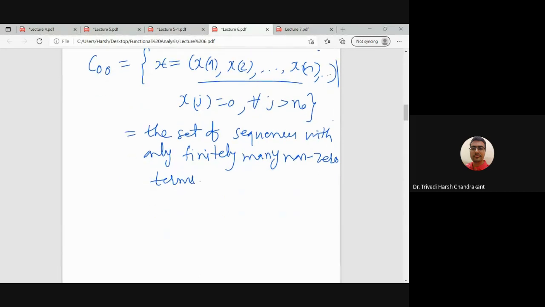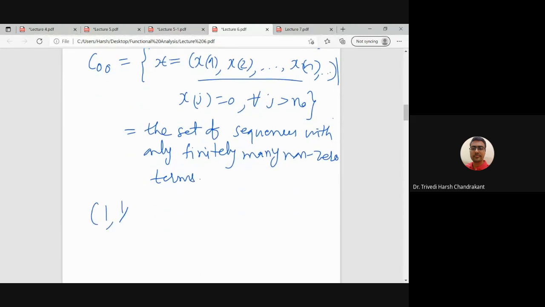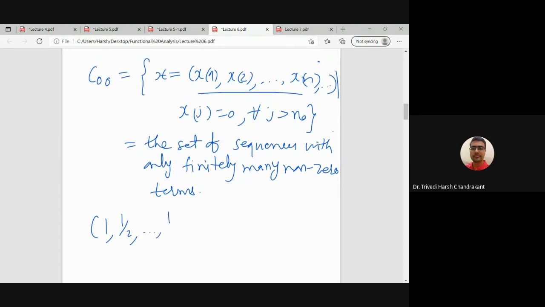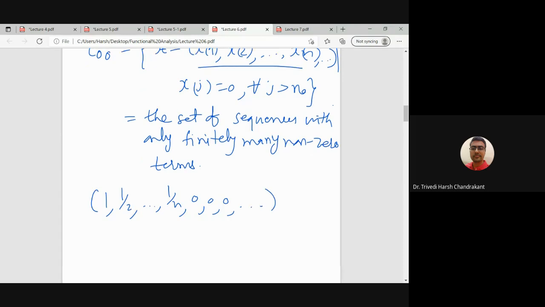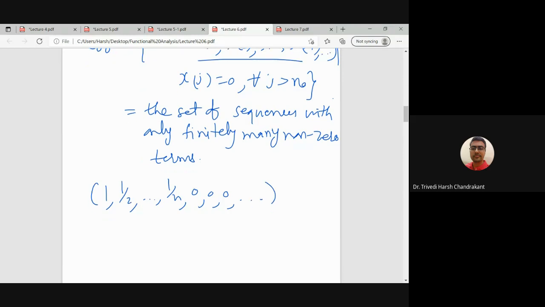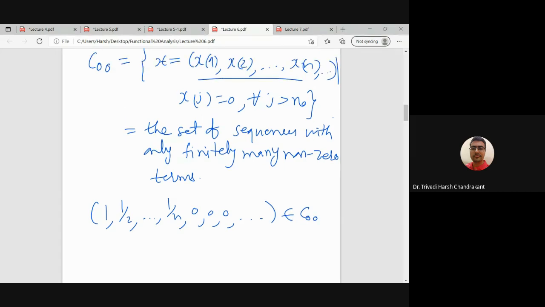So for example, if you take this sequence 1, 1 by 2, ..., 1 by n, 0, 0, 0, for some fixed n, then this is an element of this set C00, because after some fixed coordinate, all the other coordinates are 0.